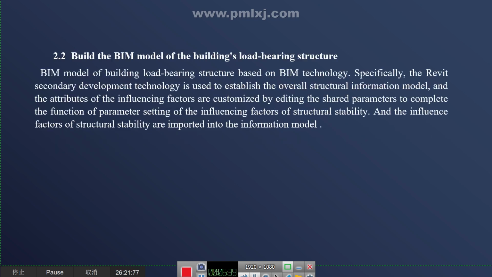2.2. Build the beam model of the building load-bearing structure.